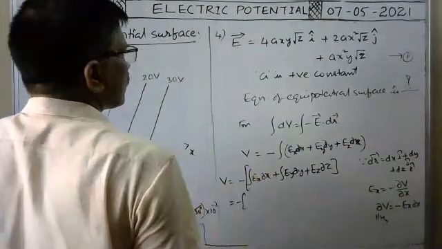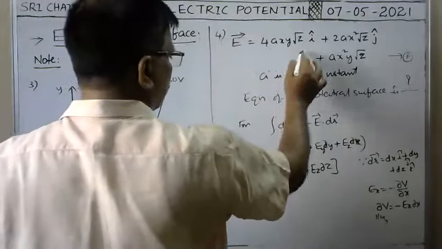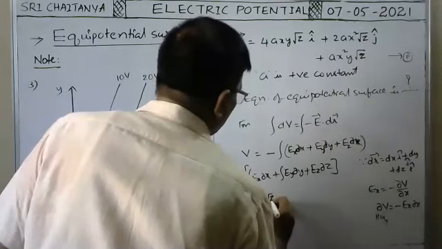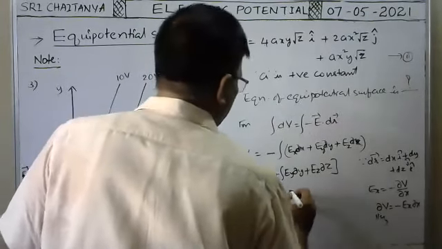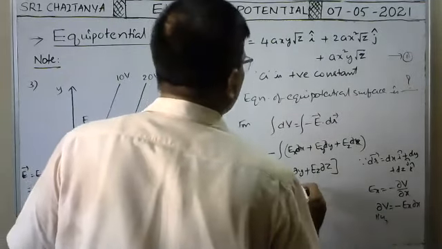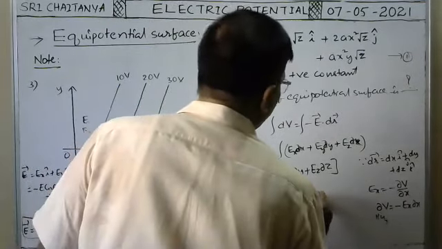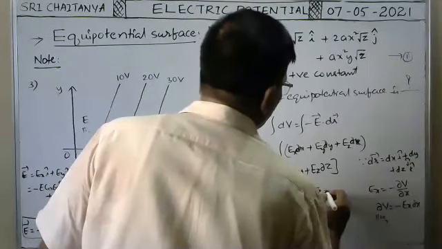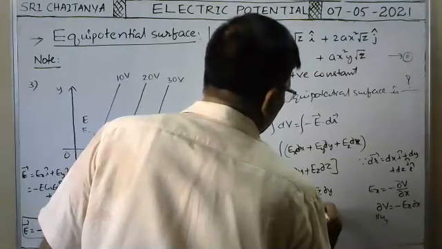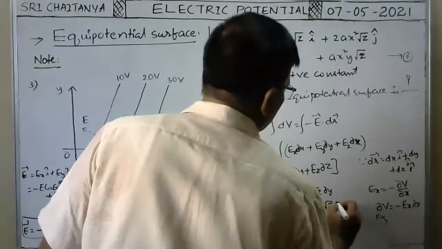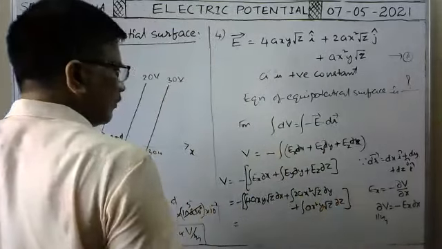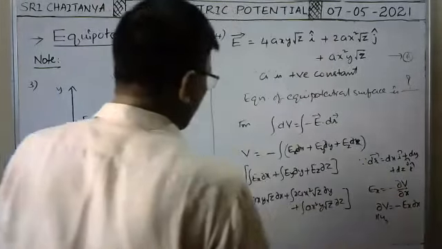Minus of, whatever Ex is, this one: integral of 4axy root z dou x plus integral of Ey, which is 2ax square root z dou y, plus integral of ax square y root z dou z. Tell me what is the value after integration?